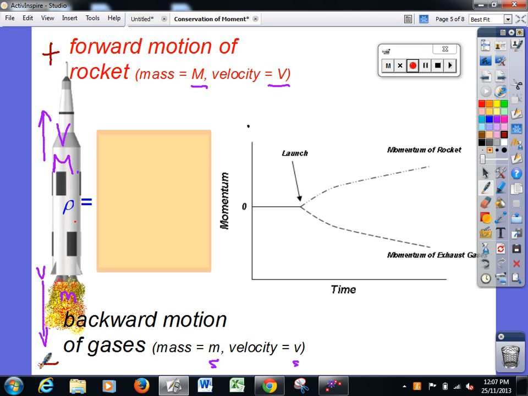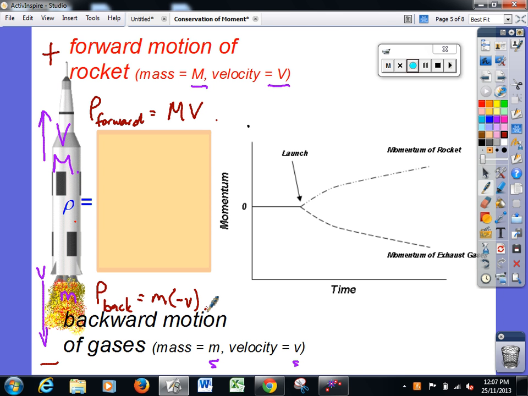So the momentum in the forward direction would be M times plus V, or just plain old MV. Are we okay with that? And the momentum in the backward direction, let's write back instead of backward, must be m, and this time it's going to be negative v, because the velocity is negative.